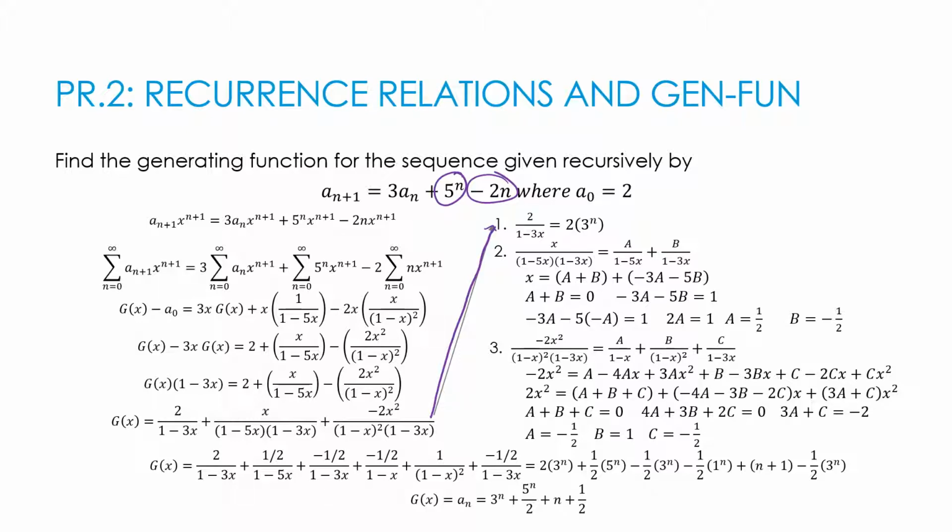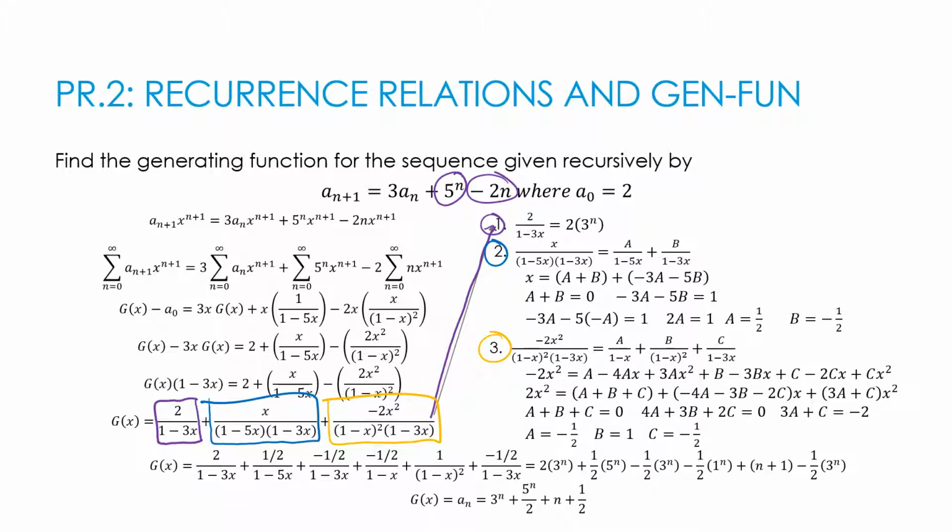Well, because I had to figure out how am I going to write this. That's my number 1. Then I had to figure out how am I going to write this, which required me to do some partial fractions. That's all of my work for number 2. Then I had to figure out how am I going to write all of this, and that was my work for number 3. So like I said, this one was a doozy.